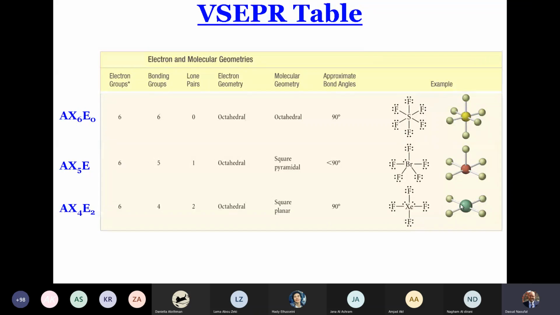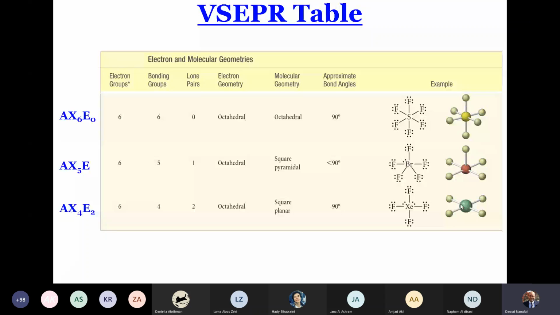So this is all types AXmEn. I will try to make an abstract for this method. I give you the molecule, you write Lewis, you transform the molecular formula to the type AXmEn.